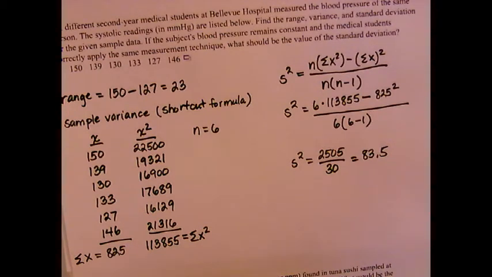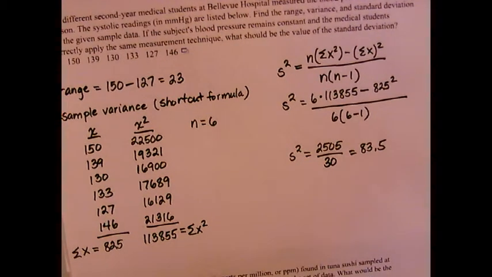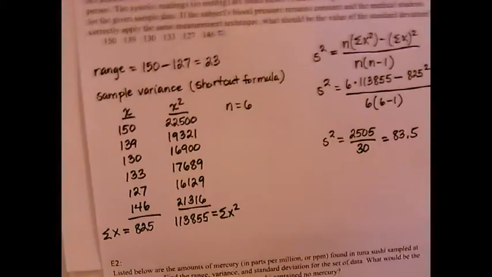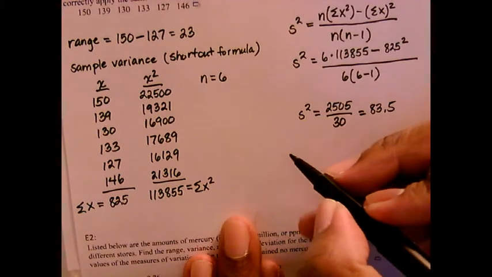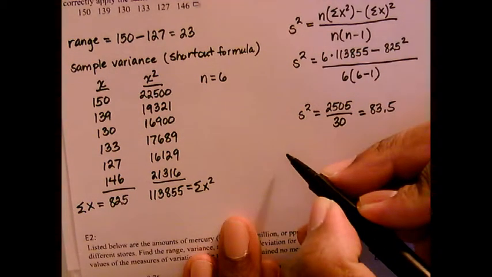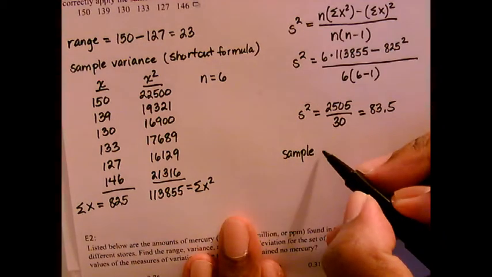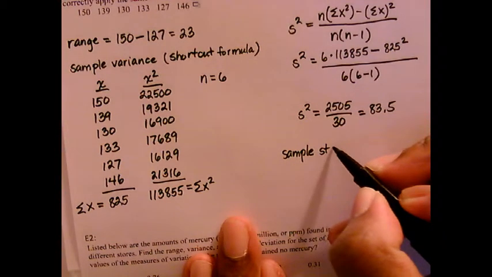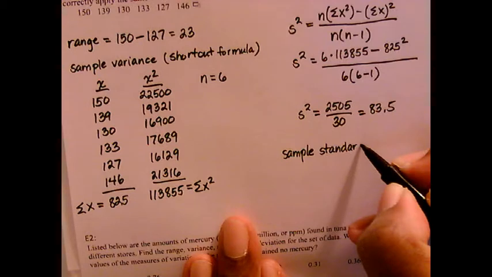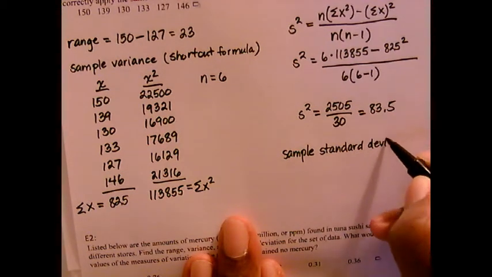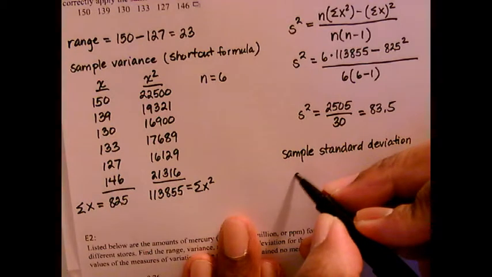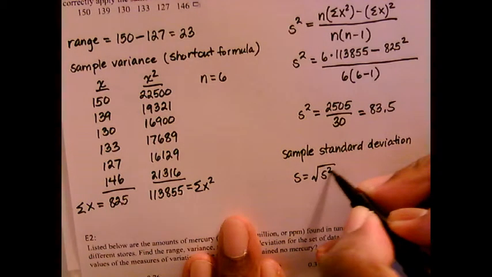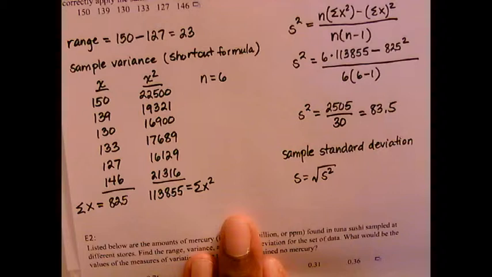Now for the sample standard deviation, which is the other part that I'm going to need to do, well, I know what the variance is. So if I do the sample standard deviation, I just need the square root of the variance. So here s is the square root of s squared. Okay?